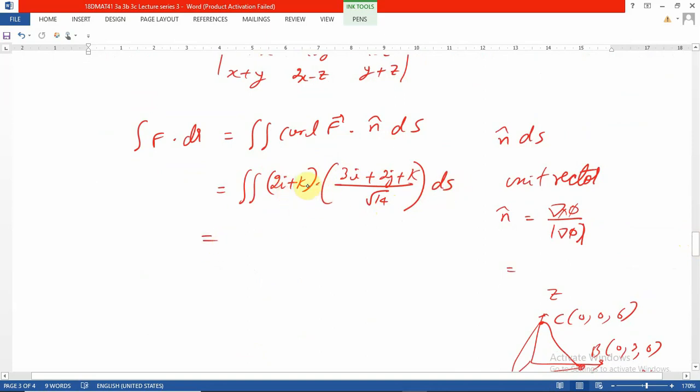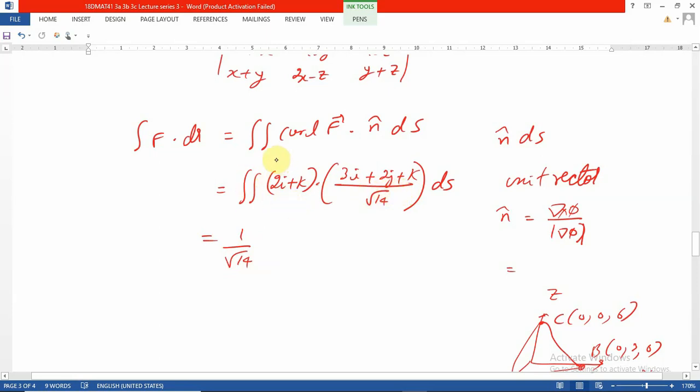Now corresponding elements are multiplied. This is the dot product. 2i is multiplied with 3i only, so it is going to become 6. Root 14 is a constant, so I'll take 1 upon root 14 outside. All these terms, yes friends, are only i, j, k, which are constants.